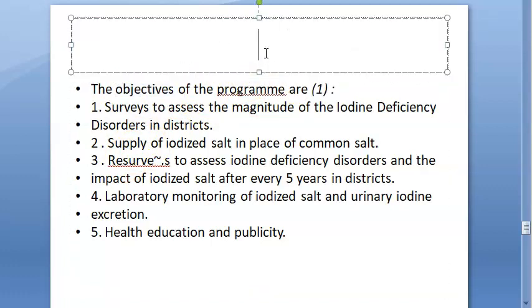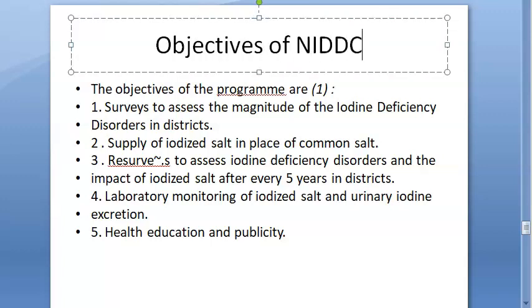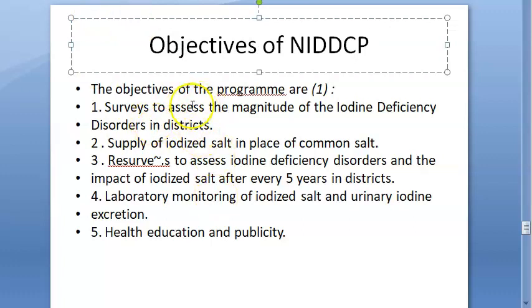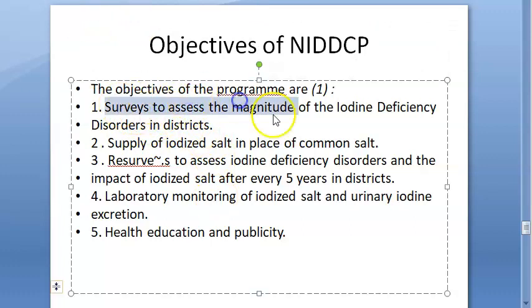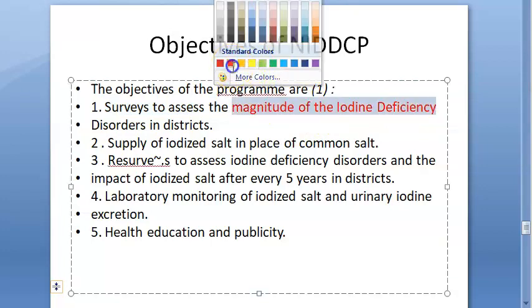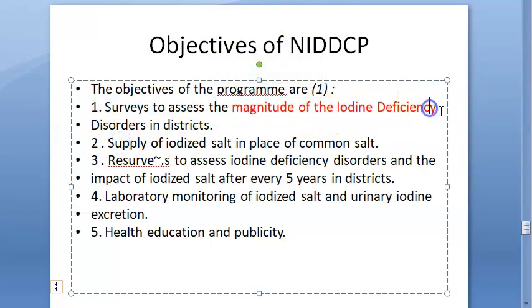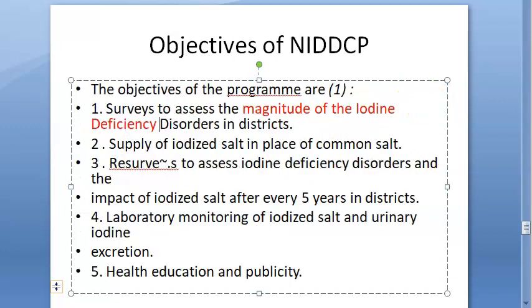Objectives of the National IDD Control Program, guys: surveys to assess the magnitude of iodine deficiency. You want to know the magnitude of the problem. Then iodine deficiency disorder, IDD, in districts you want to know. Supply iodized salt.